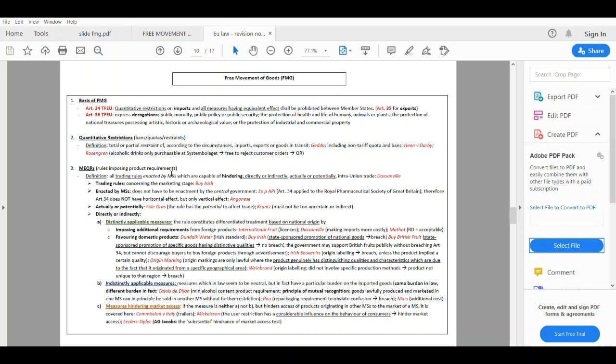So in that case there was clearly arbitrary discrimination, and the Court of Justice said that this type of discrimination cannot be justified.